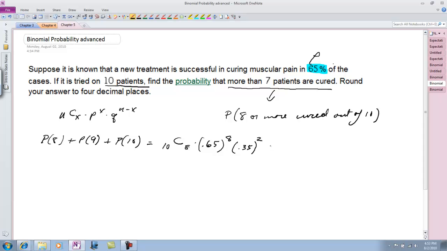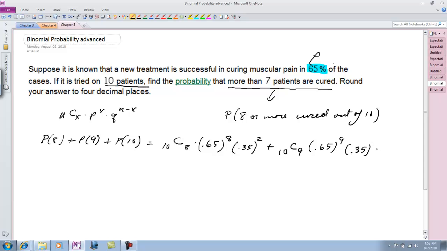We would calculate that. We would then do 10 choose 9. When these differ by 1, like a 10 and a 9, this is going to come out to 10. So that's easy. But we're going to have 0.65 to the 9th and 0.35 to the 1, but we don't have to write a 1 up there.